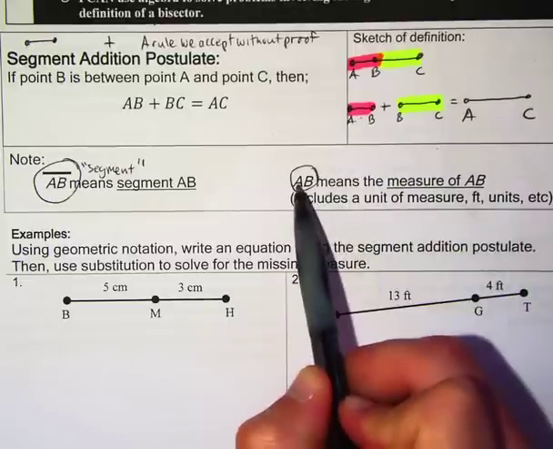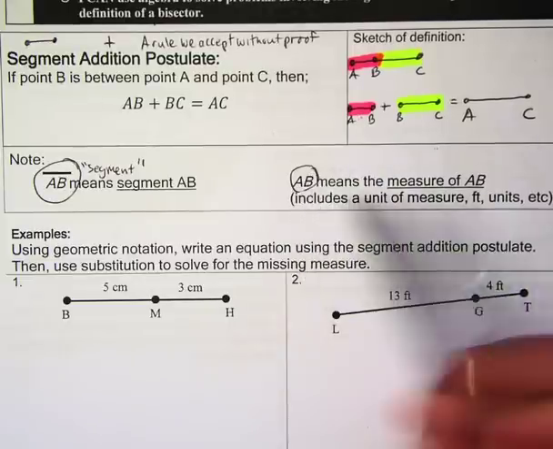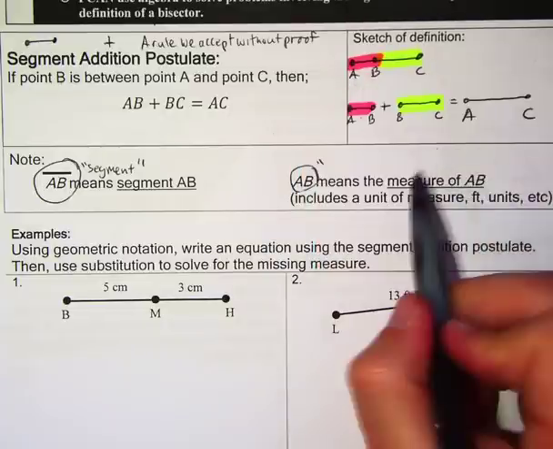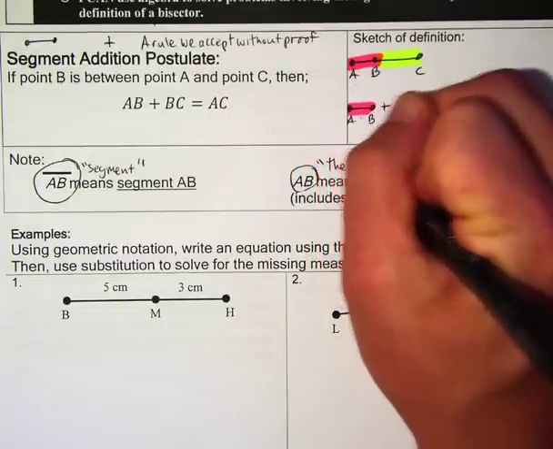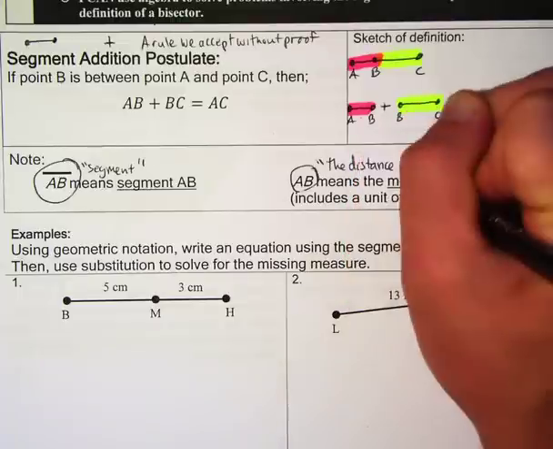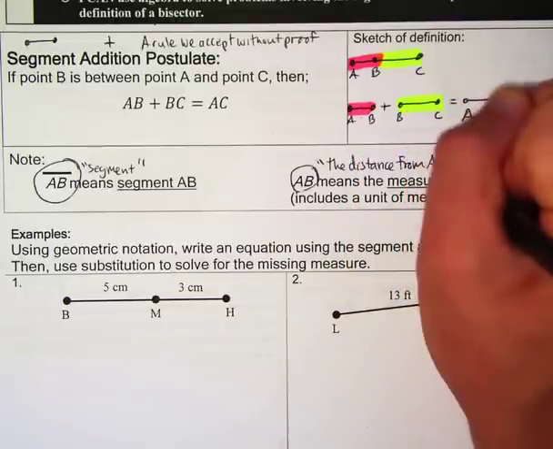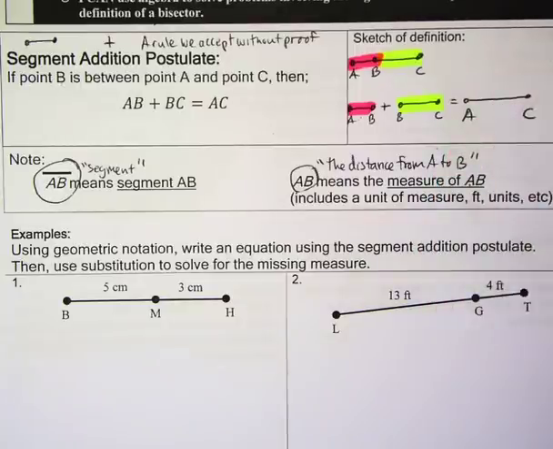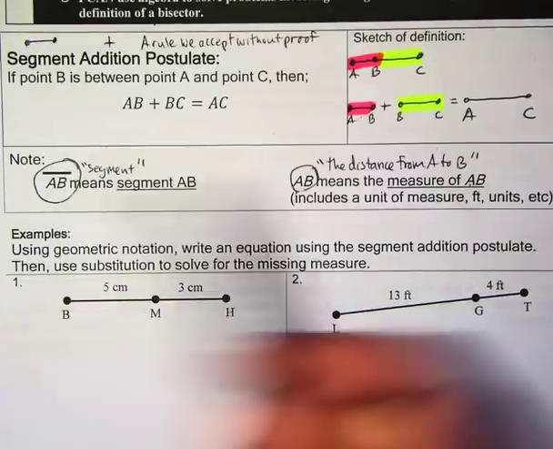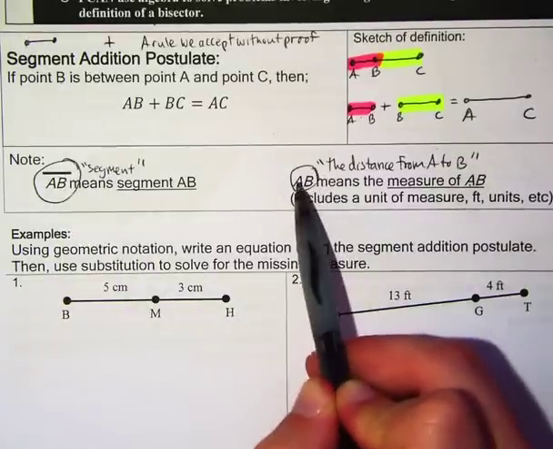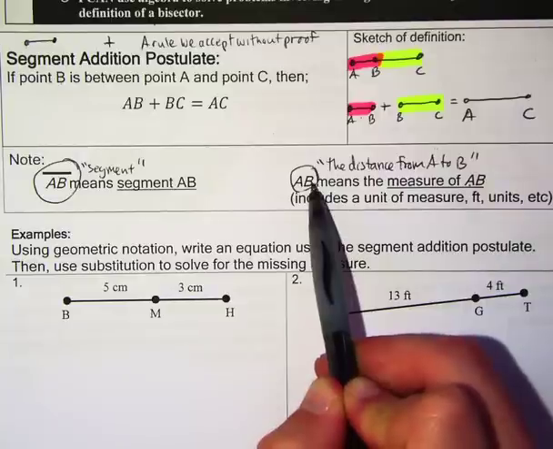But if I have the A and B without the bar, you actually speak it as the measure of AB, or the distance from A to B. And that has a number answer to it, right? Maybe it's 2 inches, who knows? So again, with the bar you say segment, it's the name. Without the bar, it means the distance from A to B.